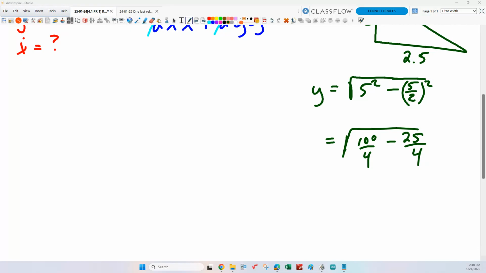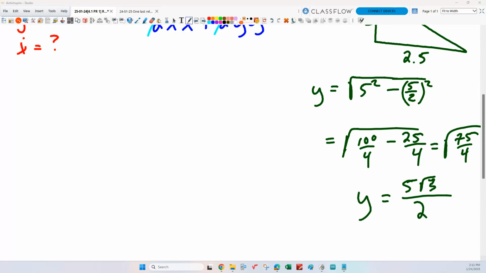Okay. Let's simplify that radical. What's that give us on top? Square root of 75. Yeah, it's just 25 times 3. Good. So what's 5 radical 3? Yeah. So we get 5 radical 3 over 2.